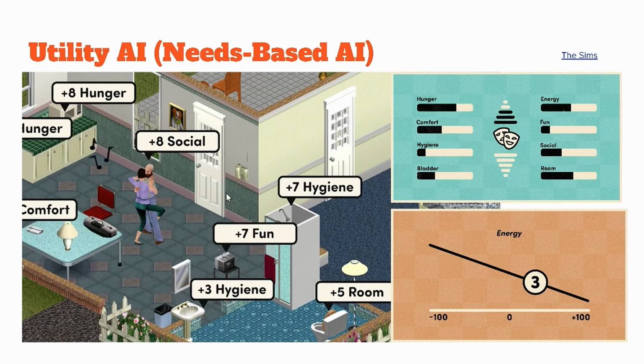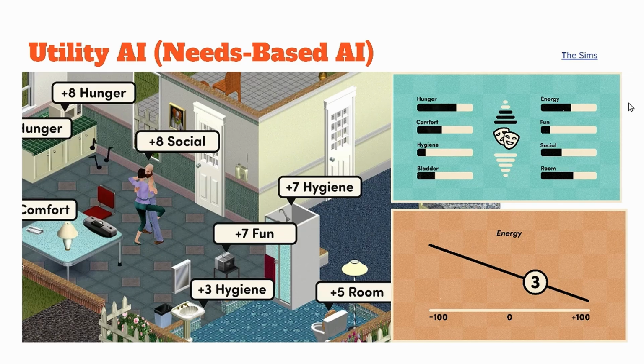And the way it works in The Sims is that an agent, in this blue area in the upper right, has a number of needs: hunger, comfort, hygiene, etc. And as these needs get more important and need to be satisfied, the sim, or the agent, looks in the scene for what are called smart objects, or objects that advertise that they will address these needs.